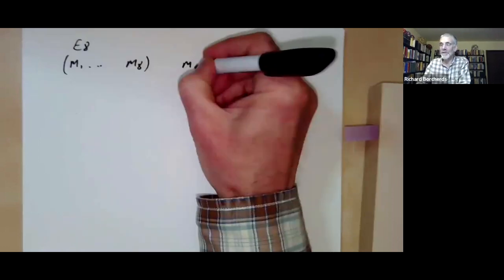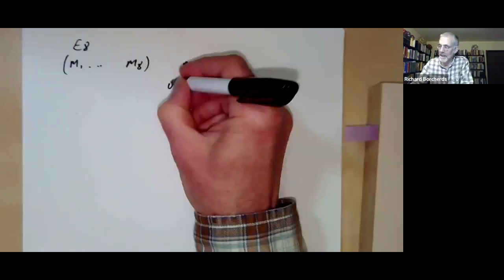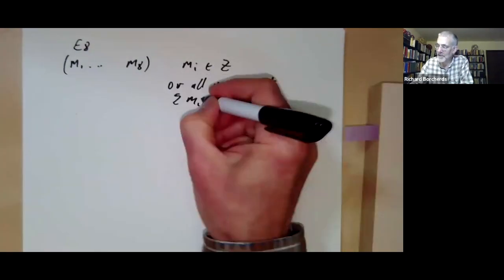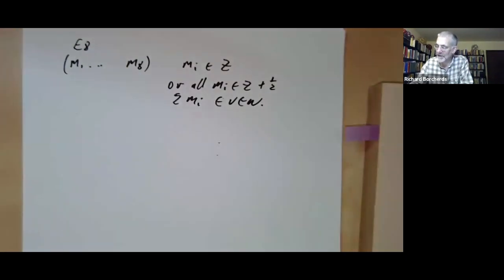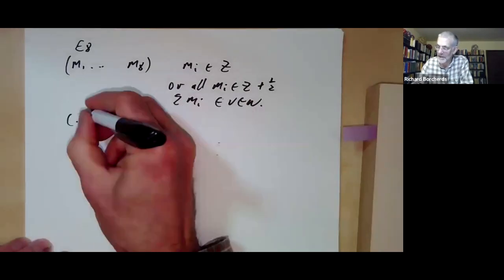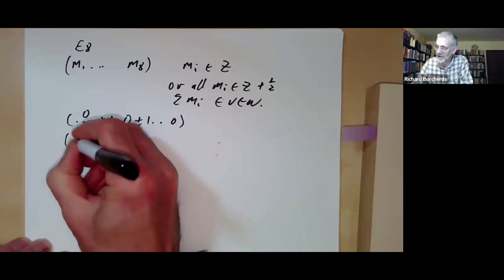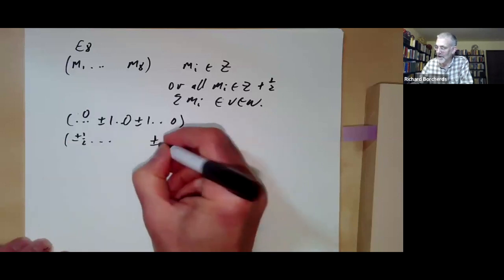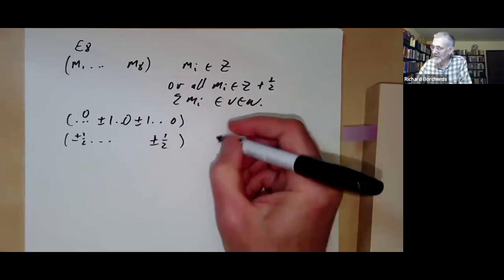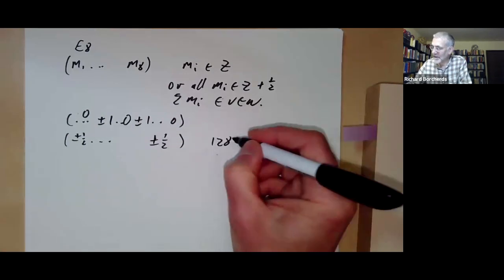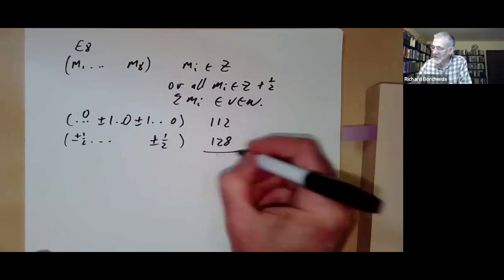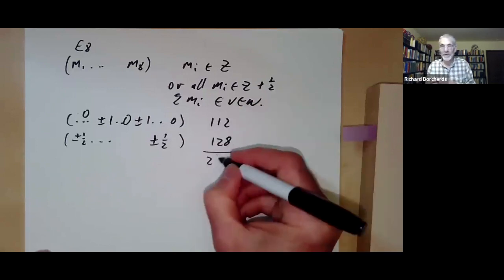So for example, as well as the vectors of the form with 2 plus or minus 1s in them and lots of zeros, we can also get vectors with plus or minus a half, all the way up to plus or minus a half. And you can see there are 128 of these vectors and 112 of these vectors. So altogether you get 240 roots.